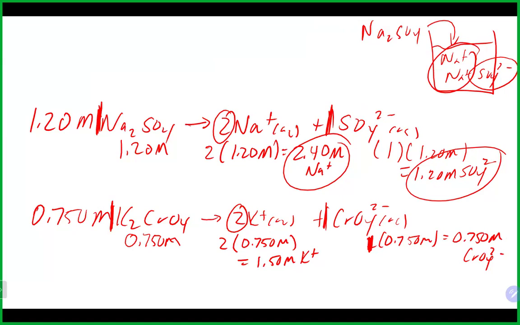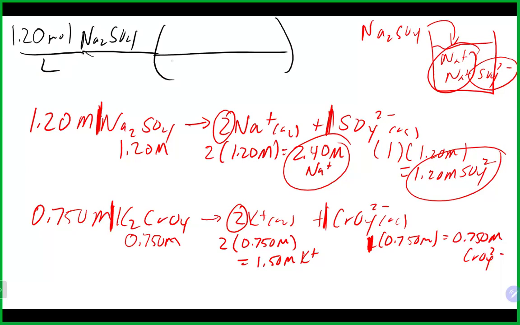A reminder that really that is the short way of the long version of that calculation, which would be 1.2 moles per liter of sodium sulfate. And again, doing a mole to mole relationship, 1 mole of the whole thing gives us 2 moles of the sodium ions.